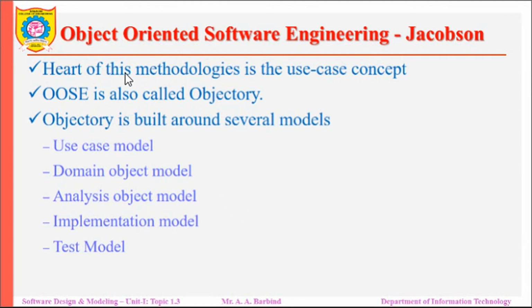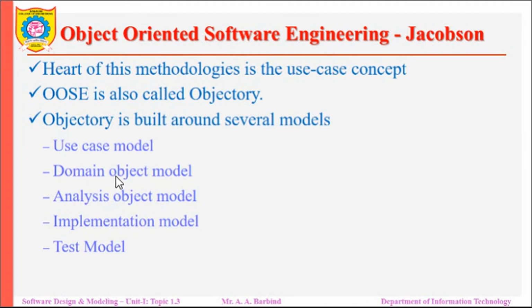Then finally, object-oriented software engineering. It was proposed by Jacobson. The heart of this methodology is the use case concept. OOSE is also called Objectory. Objectory is built around several models.